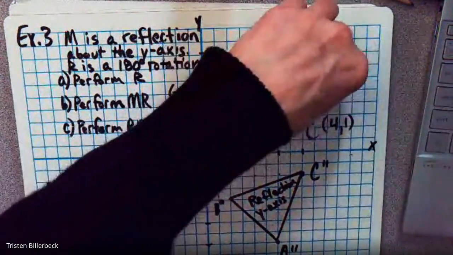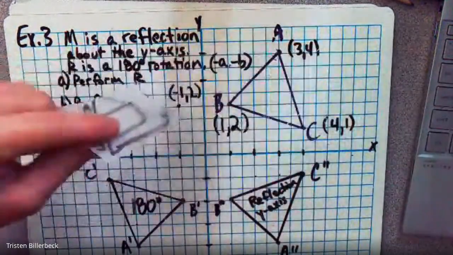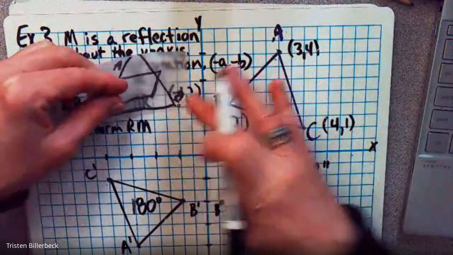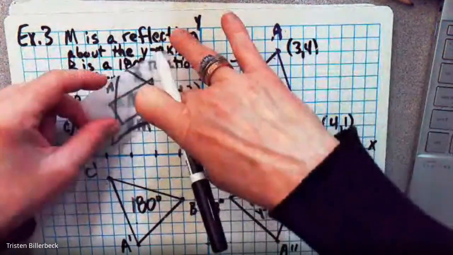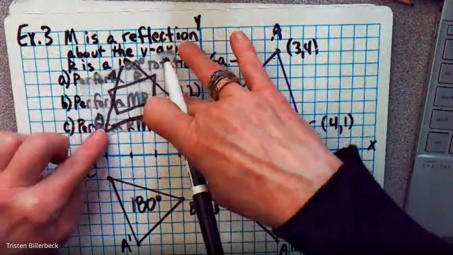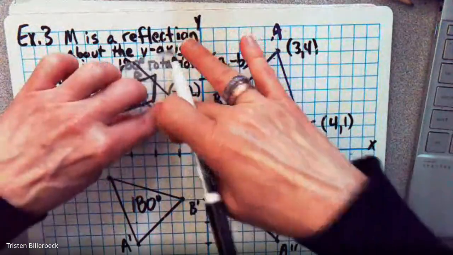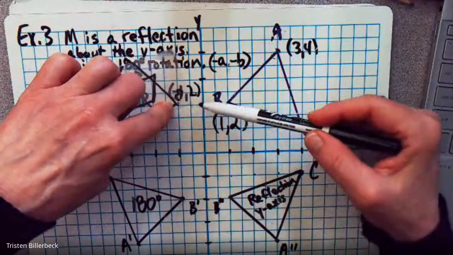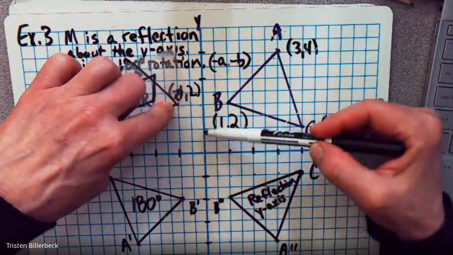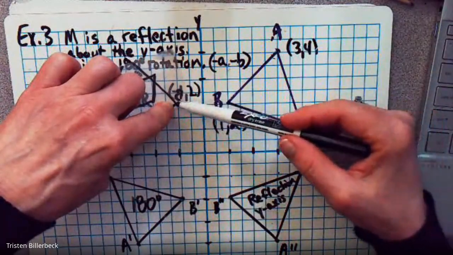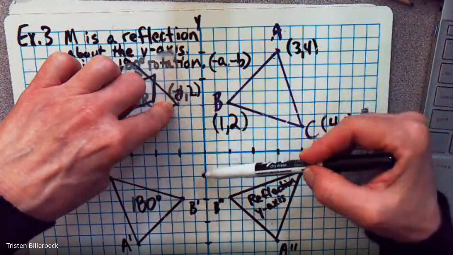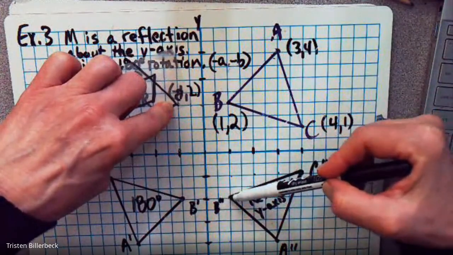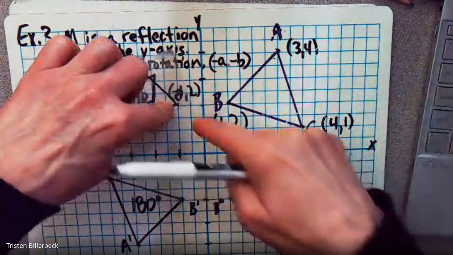So we reflect around the y-axis over to this point here, and then C is going to be right there. Then we do a rotation of 180 degrees, counting 1, 2, 1, so that puts us in the same spot.